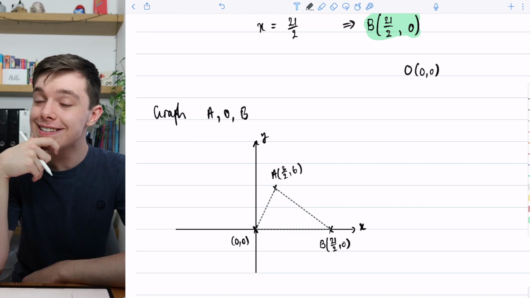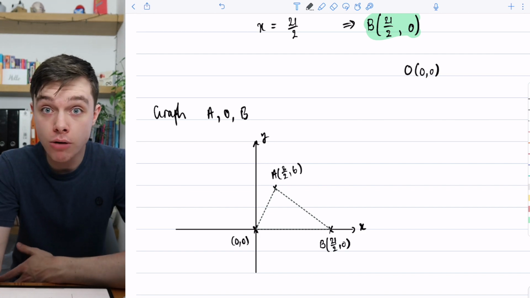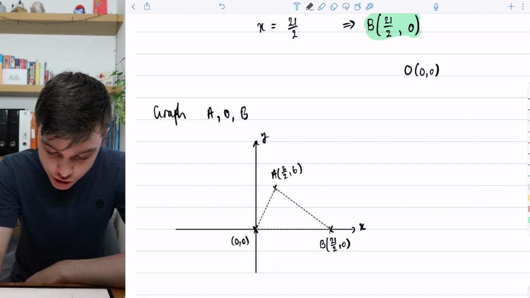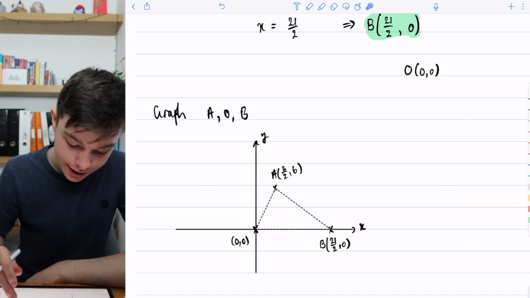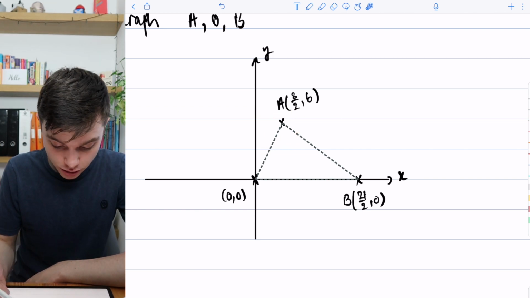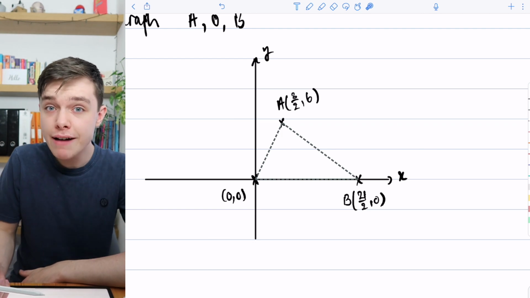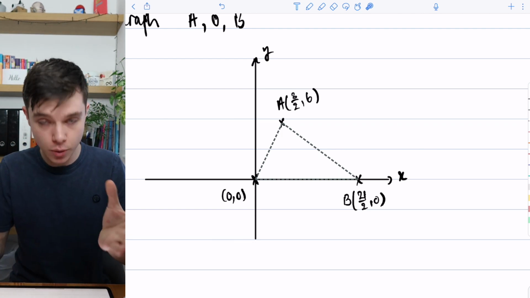I can't really say whether it's a right-angled triangle or not, because I don't know that information, okay? I don't know that, and the reason I don't know that is because this looks a little bit like a right angle, but do we really know whether that's a perfect right angle? From my graph, we might be able to say it looks like it, but we don't know.